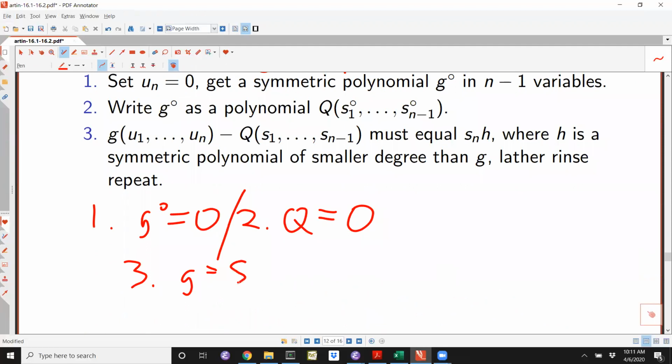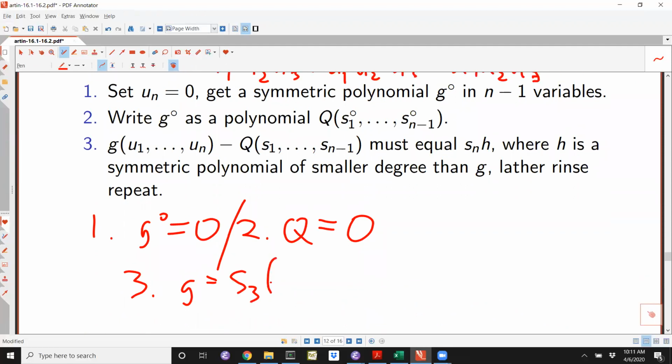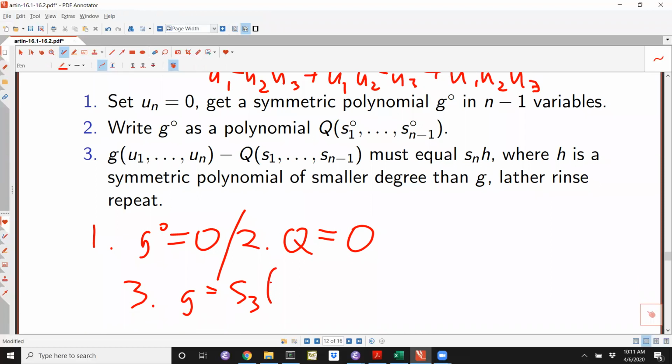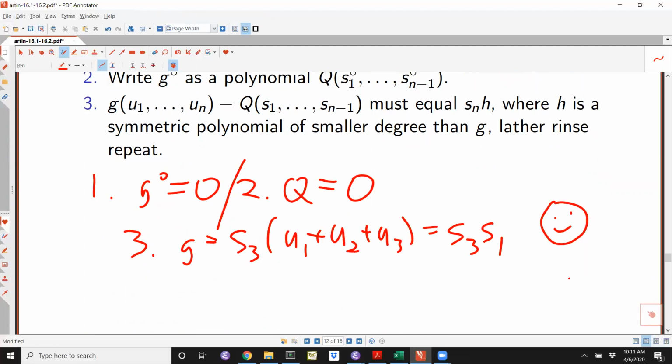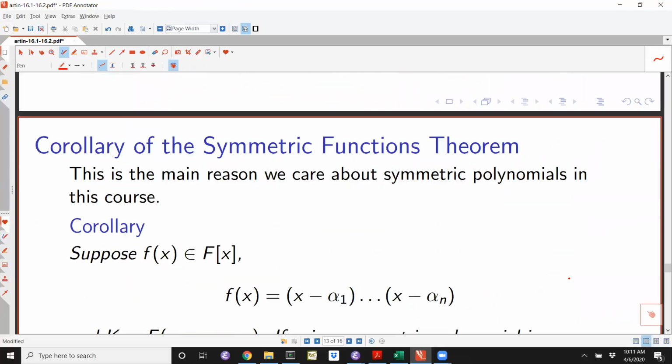So it's equal to S3 times, when we divide that out, we get left over U1 plus U2 plus U3, which is equal to S3 times S1. Hey, well, that worked. That worked so far.